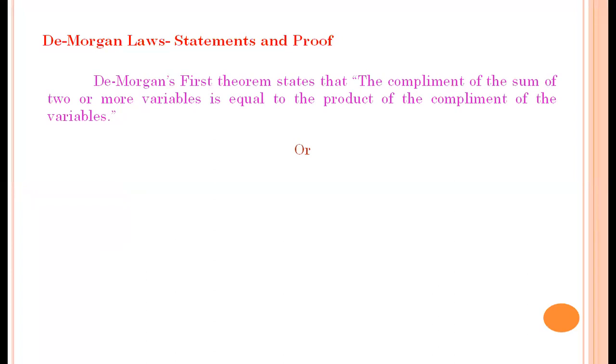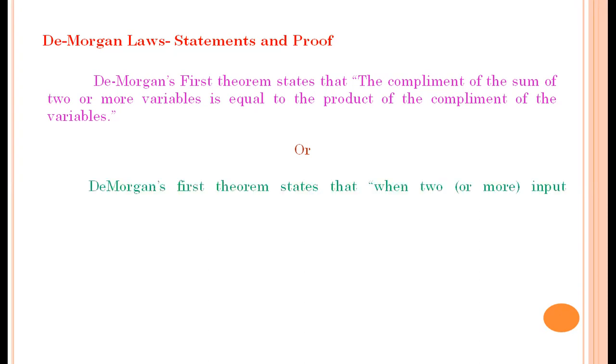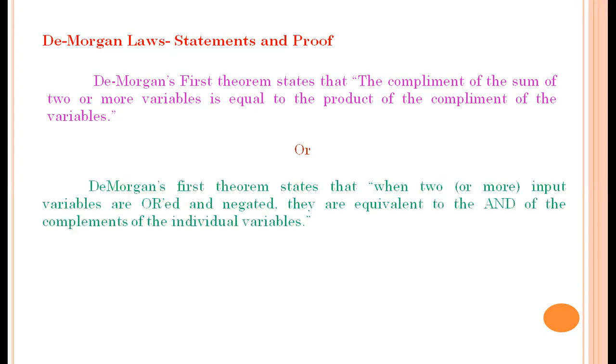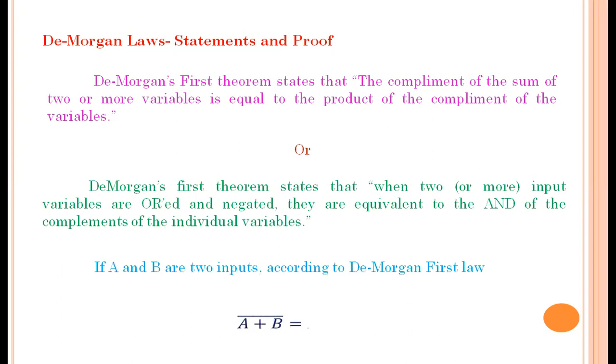De Morgan first law states that the complement of the sum of two or more variables. For example, if A and B are two variables, then the complement, which is nothing but an inverter, is written as (A plus B) bar. Sum is nothing but plus.